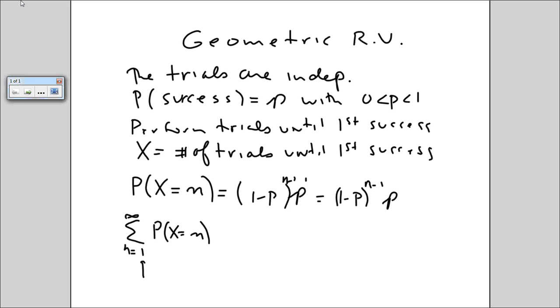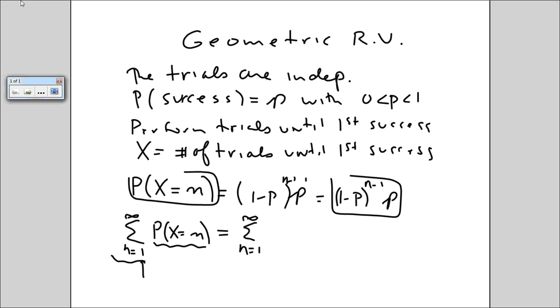Okay. So, I'm going to write this down. The summation as n goes from 1 to infinity times this. But I know what that is. It's right in the line above. Probability that X equals n is this. So we have (1 minus p) to the n minus 1 times p. Since we're summing over n, and this factor has no n's in it, we can pull it out in front.